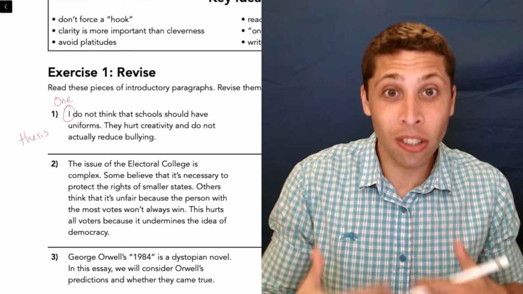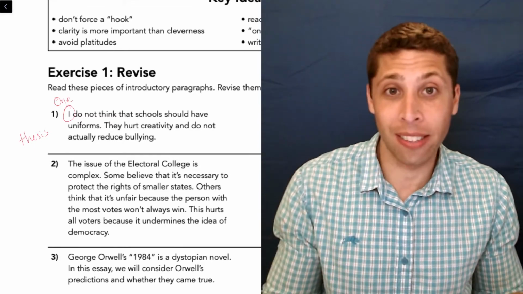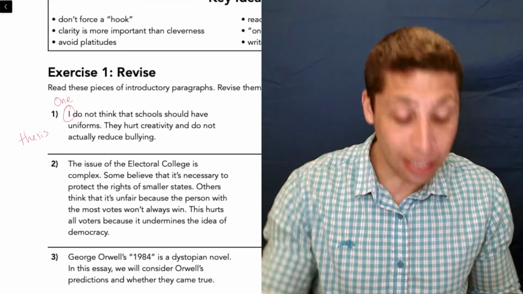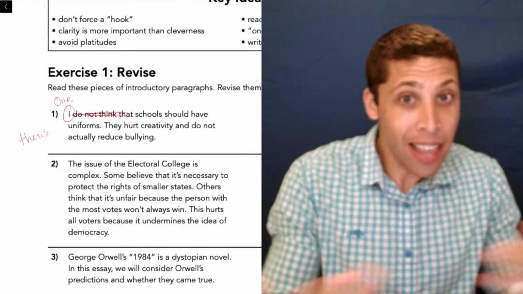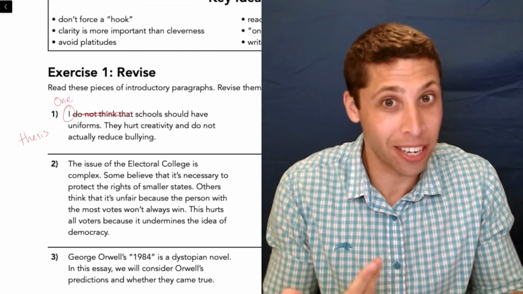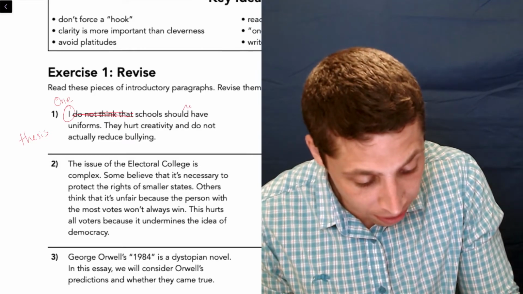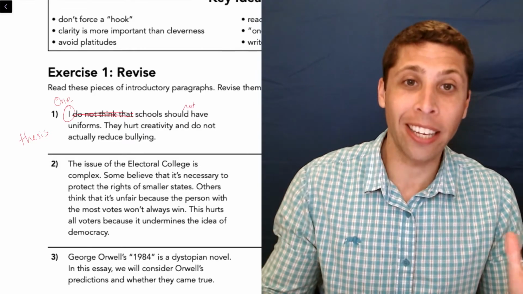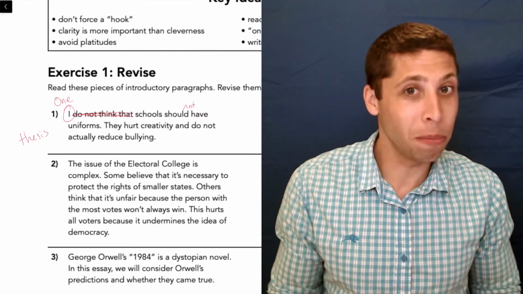And it's just to state your opinion as if it's a fact, right? We don't need sentences or phrases like I think, I believe. We can just get rid of them and make that our opinion just by writing it without having to draw attention to the fact that it's our opinion, right? So schools should, in this case, not have uniforms, right? Just by rearranging things a little bit, dropping the I, we're still making the same point.